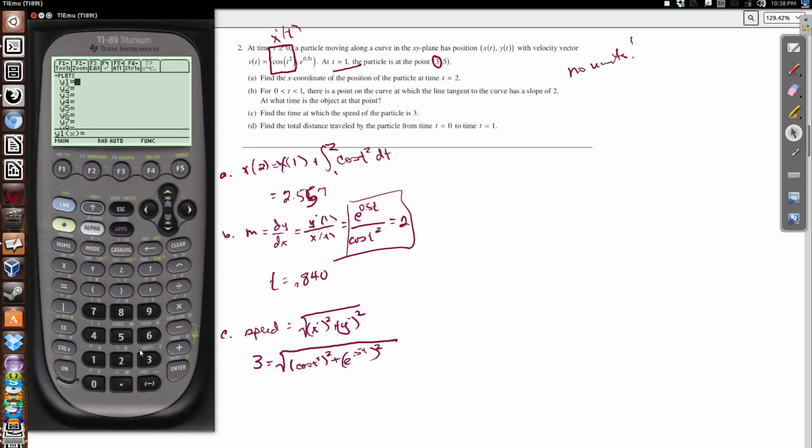So I'm looking at the square root of stuff, and it's going to be stuff squared plus stuff squared, and now I need to fill in my stuff. This first stuff is going to be cosine of x squared, and I need to close that cosine function.